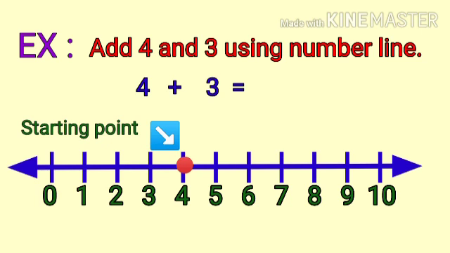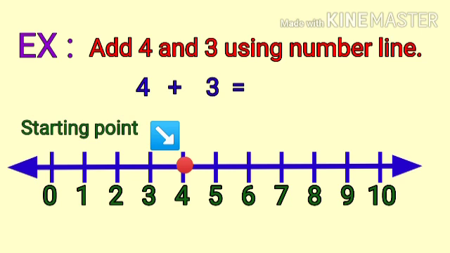Now we have to take forward curves from this point. These forward curves are represented by the second number. That means here the second number is 3. So we have to take 3 forward curves from 4.